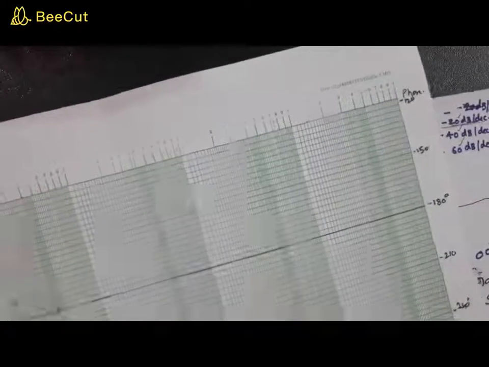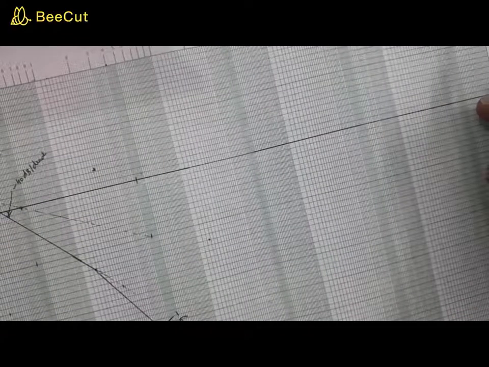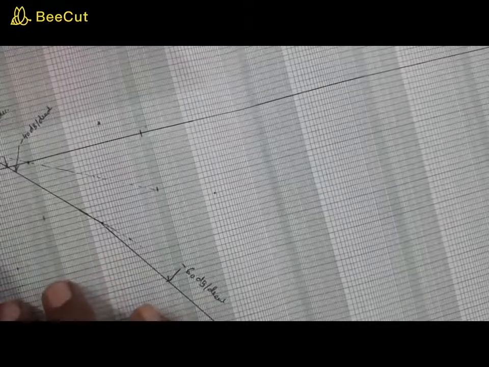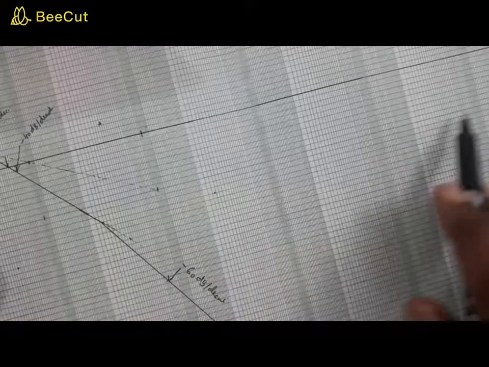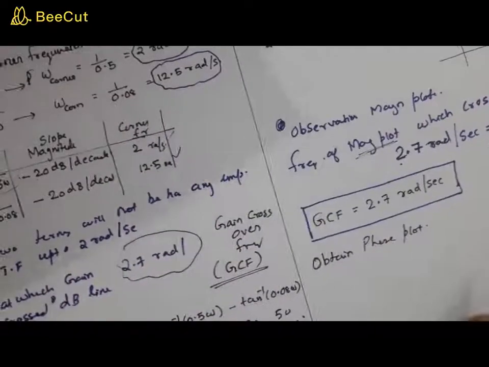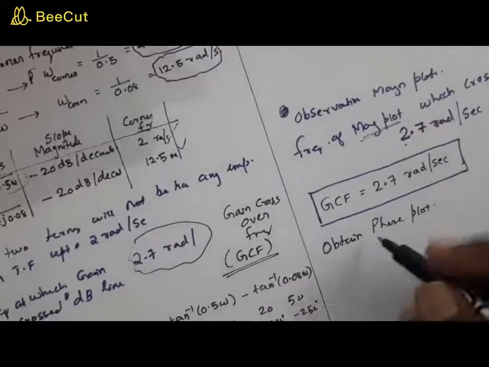Now I think I have raised it a bit further, but it's not a problem anyway. When you start drawing, I suggest you draw from this side. For this problem, mark this as the 0 dB. Anyway, we'll just try to plot the graph. How to obtain the phase plot?